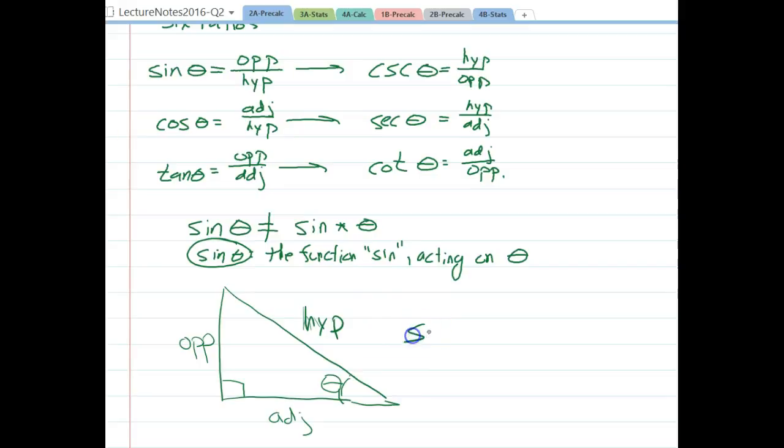And so for example, if I write the sine of that angle, this represents the number, which would be the side opposite that angle divided by the hypotenuse. Now obviously the sine and the cosine are always going to be less than 1 because the hypotenuse of a right triangle is always larger than either the opposite or the adjacent side.